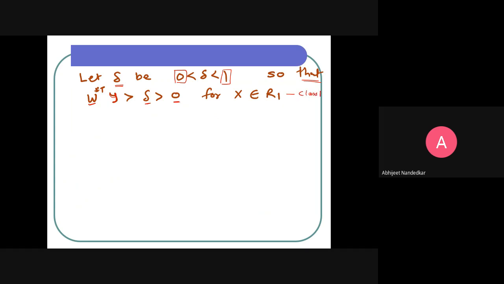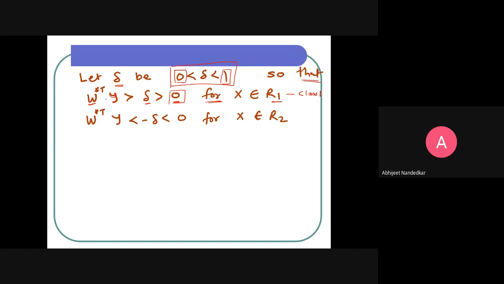I hope you are noting down this derivation. You may not find all steps in the book, so better if you write along with me, that will be a good thing. So W star transpose y, a dot product, is greater than some number delta in the range 0 to 1 and greater than 0, for all samples that belong to region 1 or class 1.